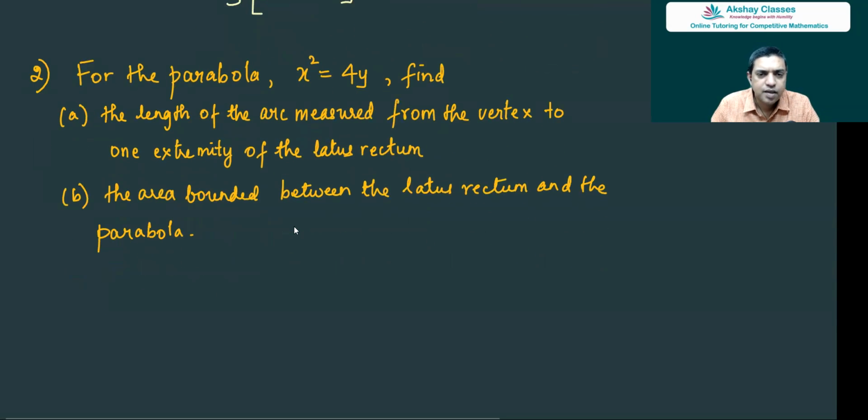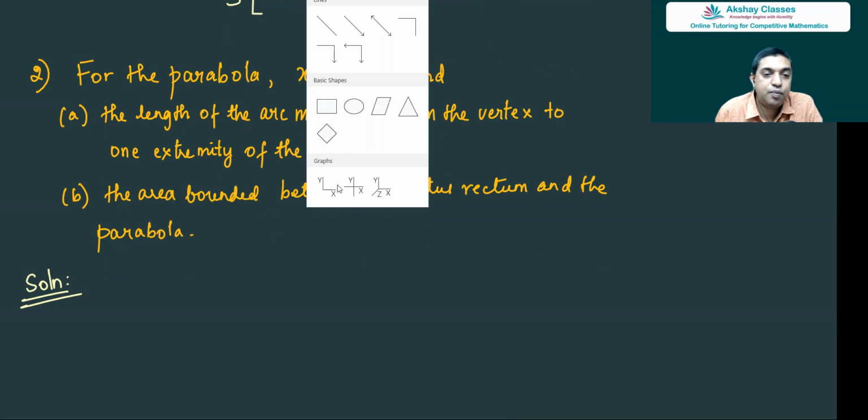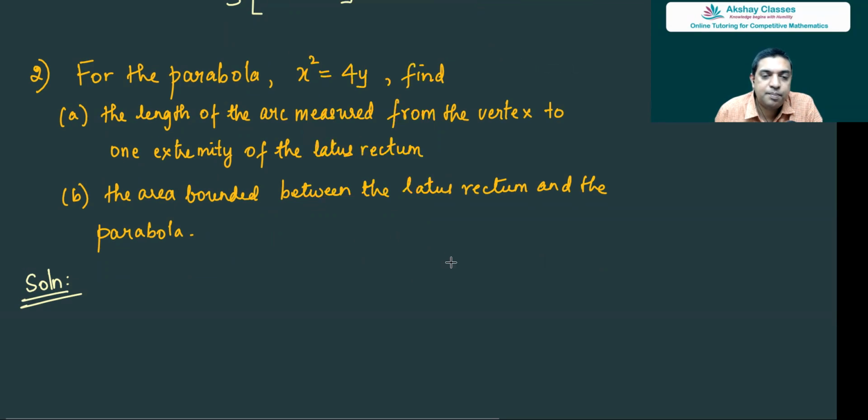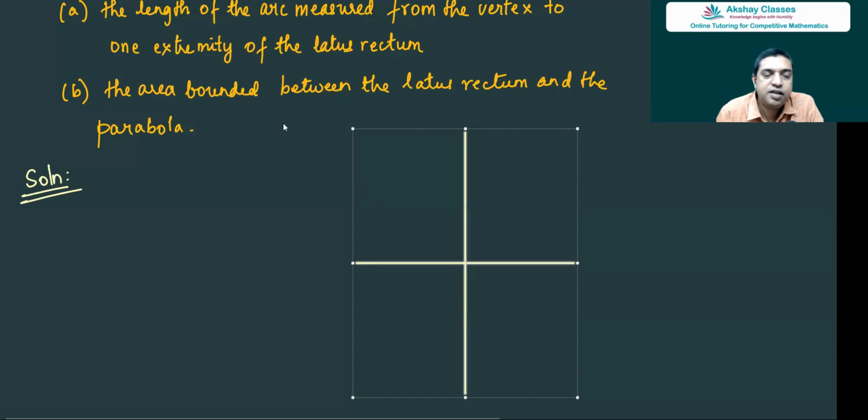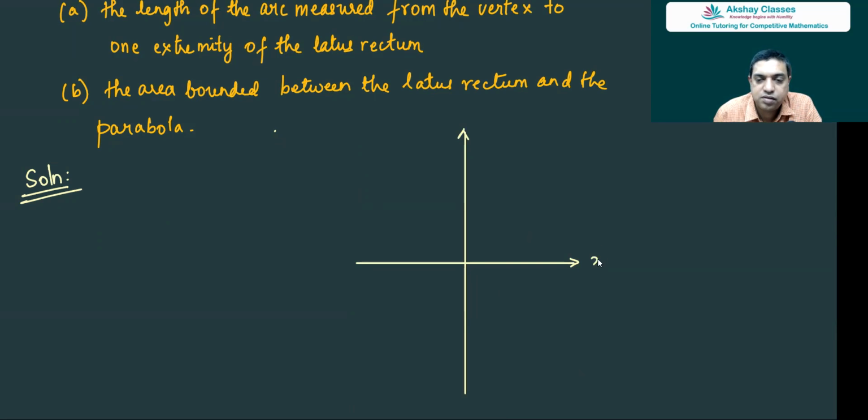Okay. So let us start how to solve. First step is to draw the parabola. Unless we draw a figure, we'll not get an immediate idea, or at least if you're very good at figures on a mental calculation, you should be able to draw the figure. Now x square is equal to 4y.